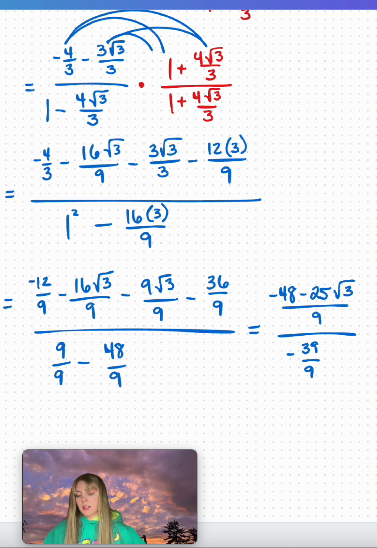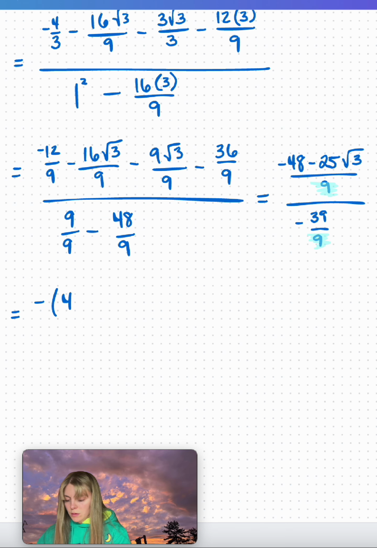We have a complex fraction that shares a denominator. So the denominator here is 9, denominator here is 9. We can actually just cancel. And you'll notice we can also bring out a factor of negative 1 in the numerator and cancel that negative.